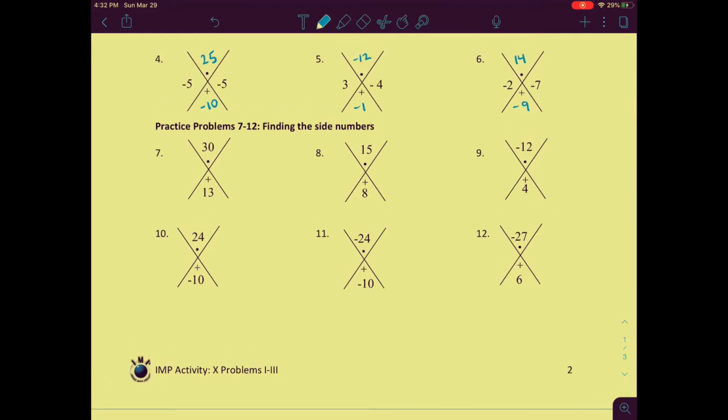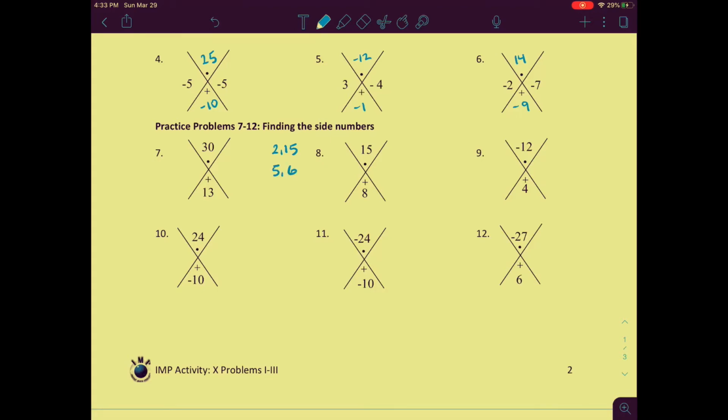Looking down, we're going to be looking at numbers 7 through 9. For number 7, you want to think of two numbers that multiply to 30 and add up to 13. I'm going to first start with 2 and 15, because 2 times 15 is 30. 2 plus 15, however, is 17, which doesn't work because I want the sum to be 13.